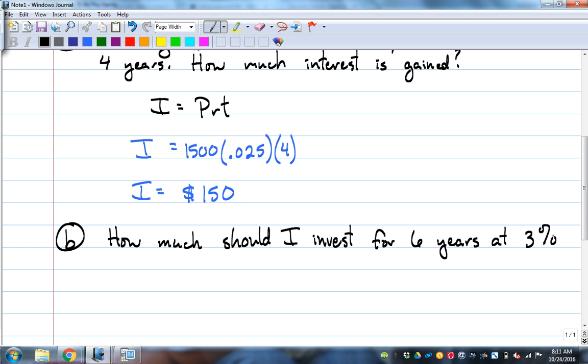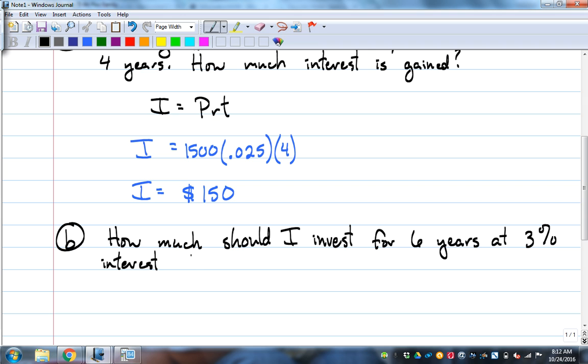And I find an annuity or something that's a 6 year, or maybe it's a CD, it's a 6 year CD that's going to guarantee me 3%. And I'm leaving it there for 6 years and not putting any extra in there. I'm just putting some amount in there for 6 years at 3% interest. And I've decided I want to make $400 on this.